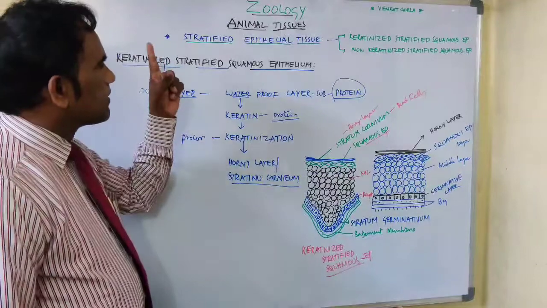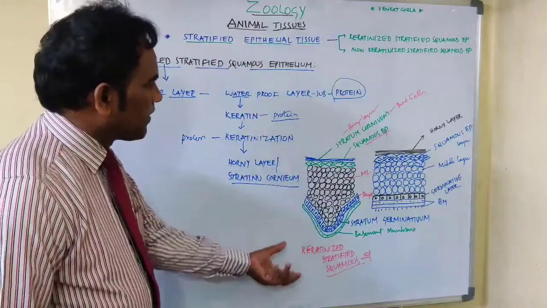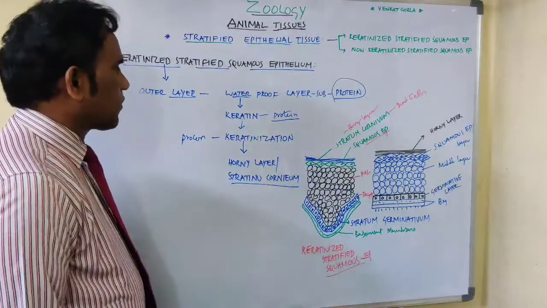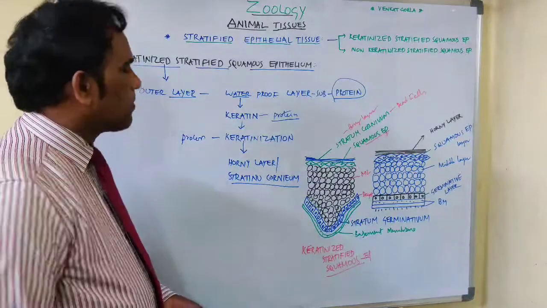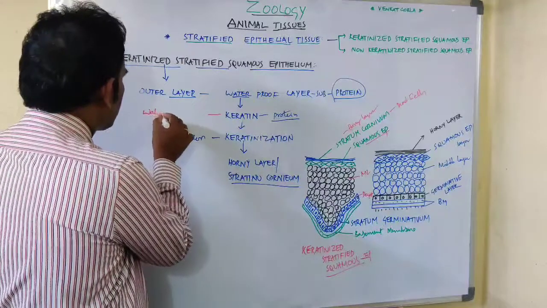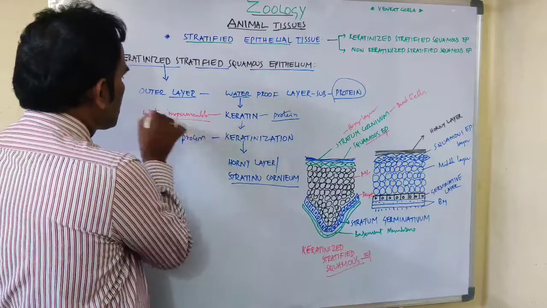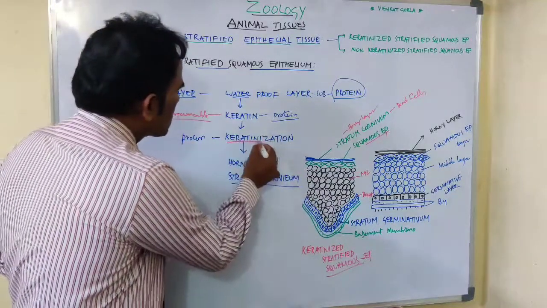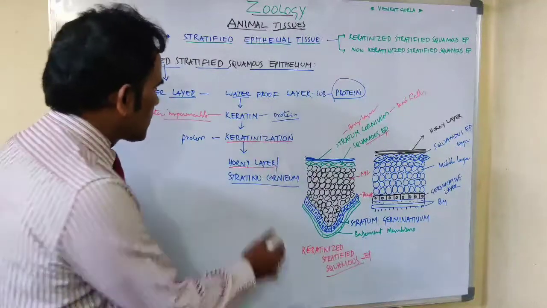The outer layer of the keratinized stratified squamous epithelium is formed by a substance called keratin, a protein which is waterproof and water impermeable. It is formed by the process called keratinization, forming a layer called the horny layer or stratum corneum.